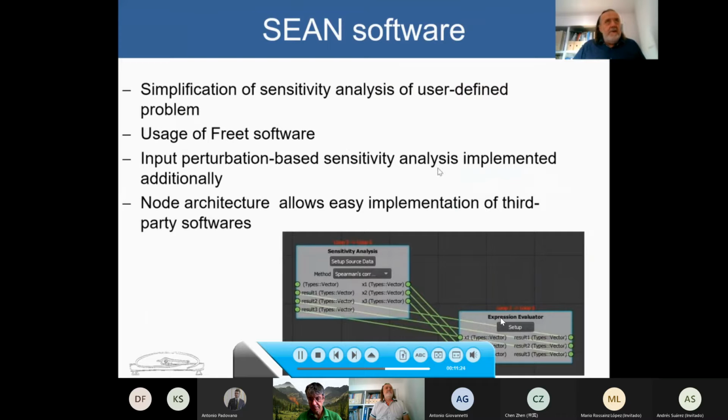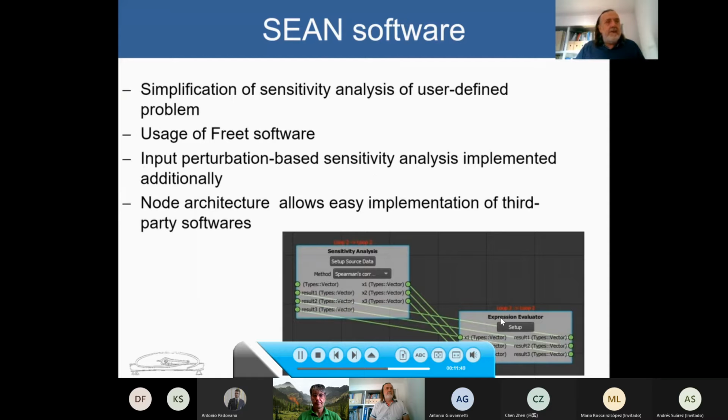Additionally, we developed also another software which is called Sensitivity Solver. It enables simplification of sensitivity analysis of user-defined problem. It utilizes the free software, but in a much more efficient way. Also, input perturbation-based analyses are implemented additionally.